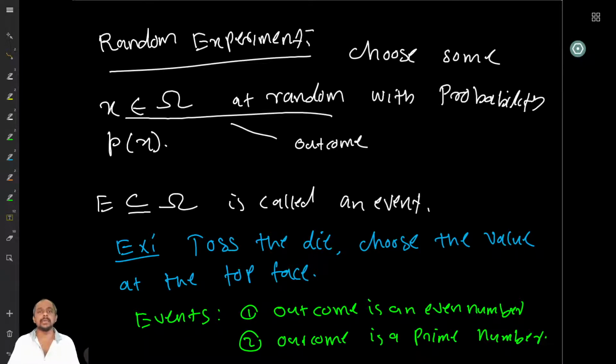If such a number comes up, then this event has happened. For such an event, we can ask what is the probability of that event happening, or we can do other things with respect to this event. Another example of an event could be that the outcome is a prime number, either 2 or 3 or 5, out of 1 to 6. All these things are events, so an event is basically a subset of omega.